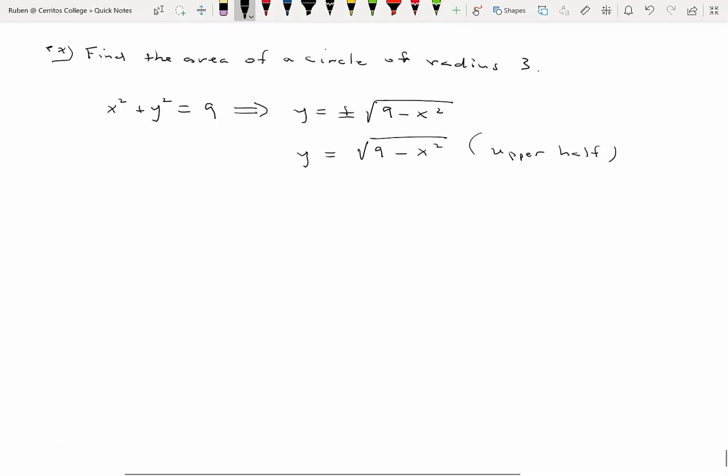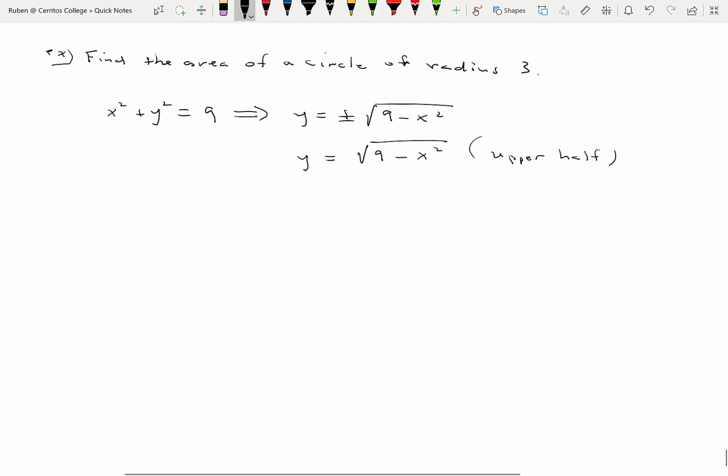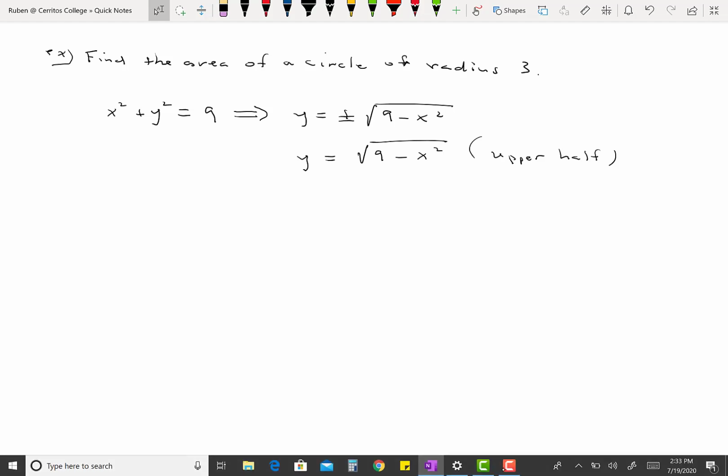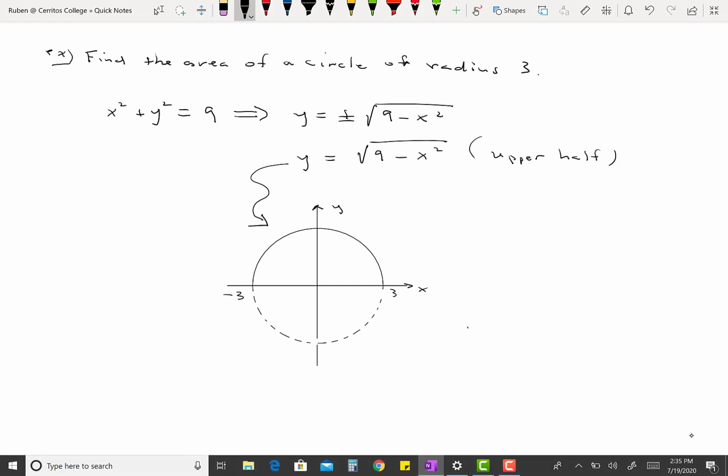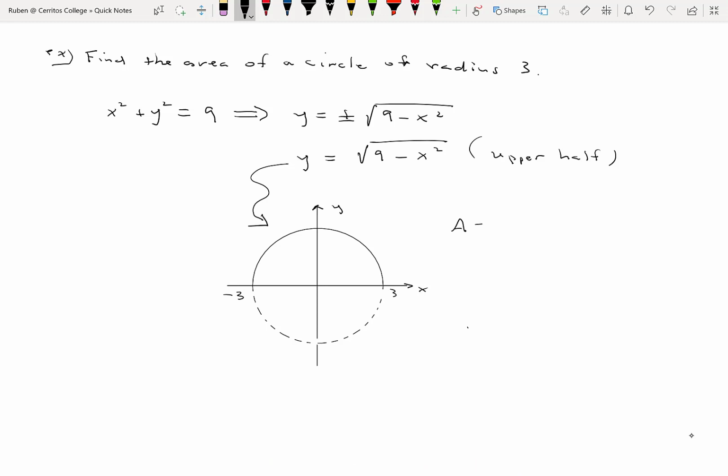And it's a circle of radius 3, so we could look at this as a function between x equals negative 3 and x equals positive 3. And there's our circle. So the area then by Calc 1 is equal to the integral from negative 3 to positive 3 of the square root of 9 minus x squared.